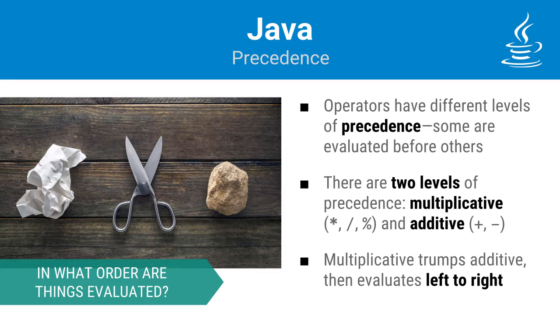Operators have different levels of precedence, meaning that some types of operations are applied before others. Please keep in mind that operator precedence in Java differs from the PEMDAS rules you may be accustomed to. In Java, there are multiple levels of precedence in which operators are grouped. From there, expressions are evaluated from left to right. So-called multiplicative operations are at a higher level of precedence than so-called additive operations.